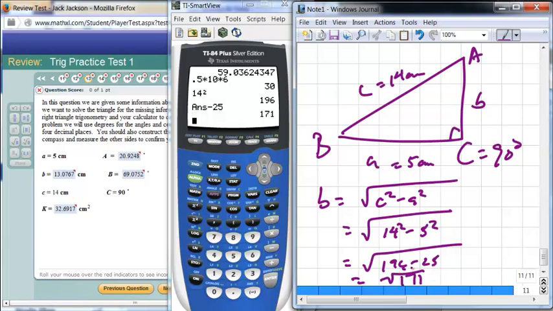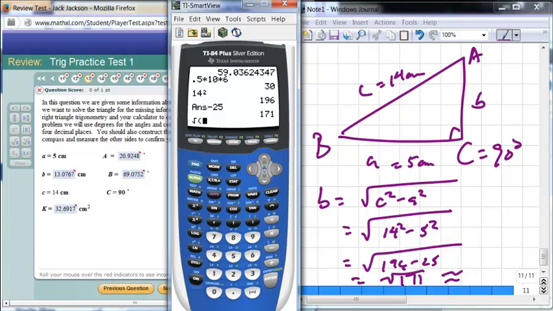That's the exact answer, square root of 171, which is approximately 13.0767, which is what's here. And I want to store that as B, because I'm going to need B in a minute. In fact, I'll go ahead and use it now.